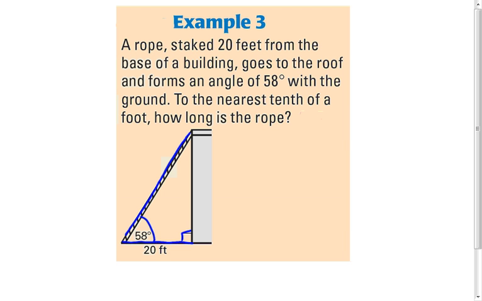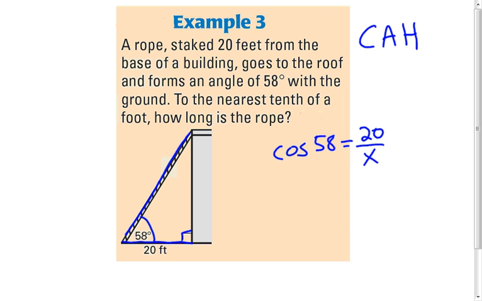So which trig function will use the adjacent side and the hypotenuse? Soh-Cah-Toa, C, adjacent over hypotenuse. So if we take the cosine of 58 degrees, that's going to equal the adjacent side, which is 20, over, we don't know.